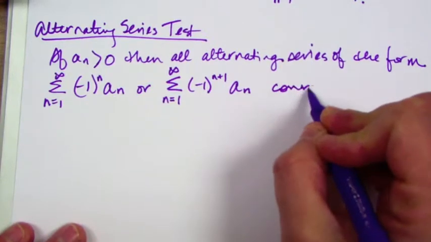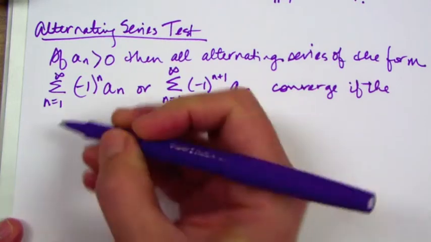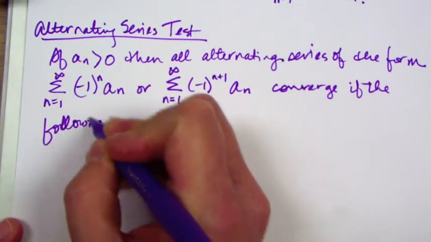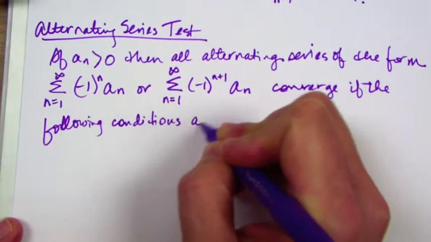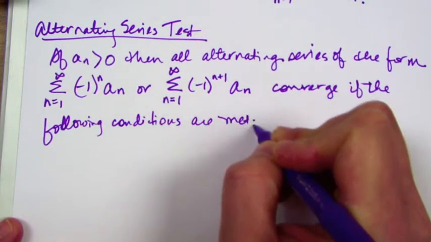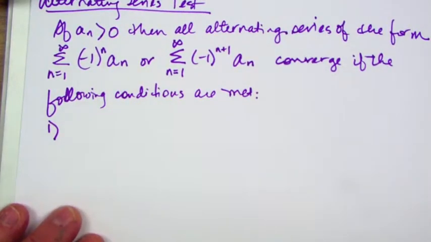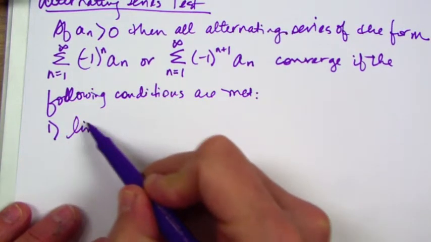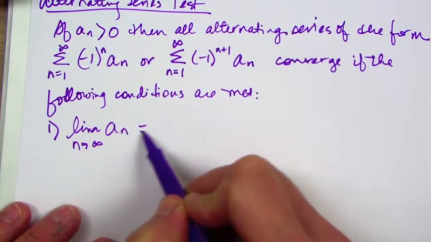converge if the following conditions are met. The first one is this: the limit as n approaches infinity of a sub n.